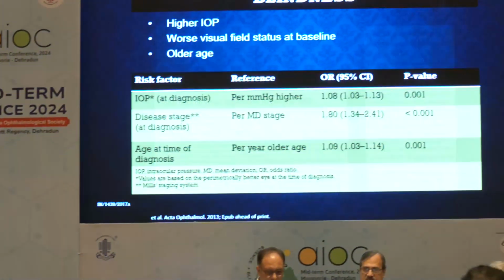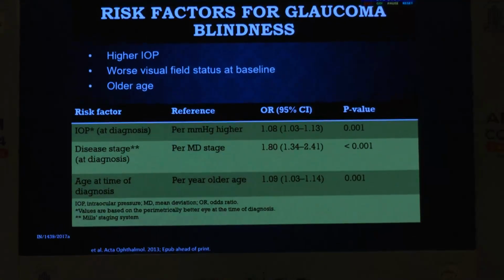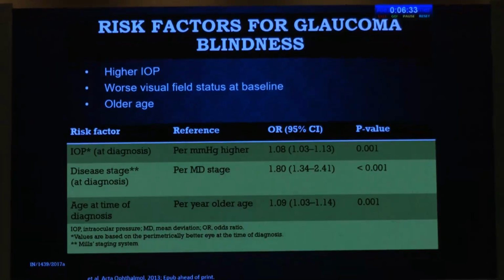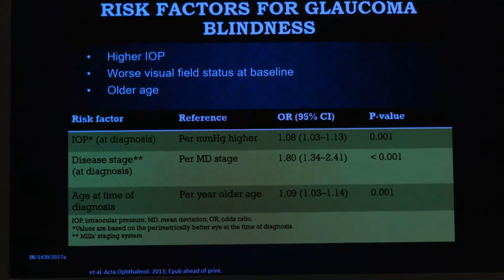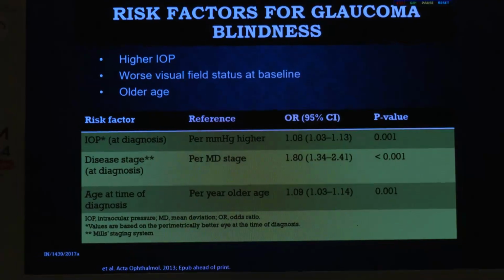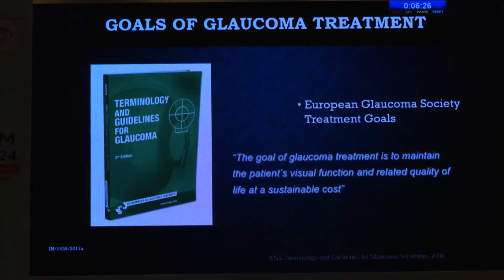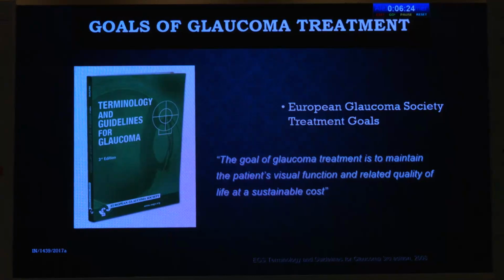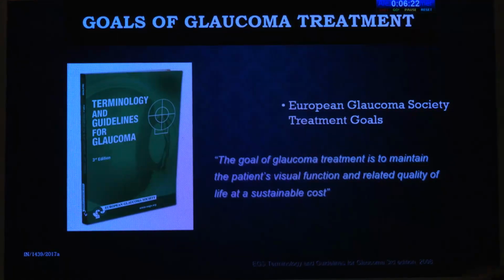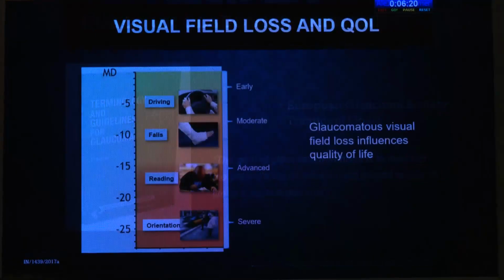Glaucoma is the second leading cause of blindness in both developing and developed countries. The risk factors for blindness are a higher IOP, worse visual field status at presentation, and an older age group. The goal of glaucoma treatment, we all know, is to maintain patients' visual function at a sustainable cost.